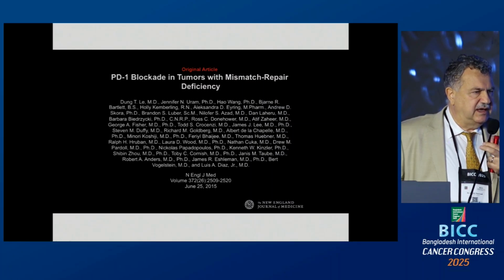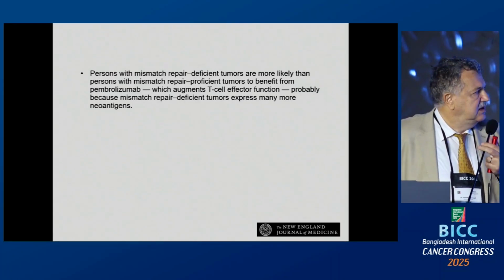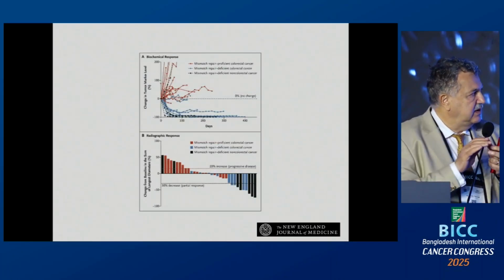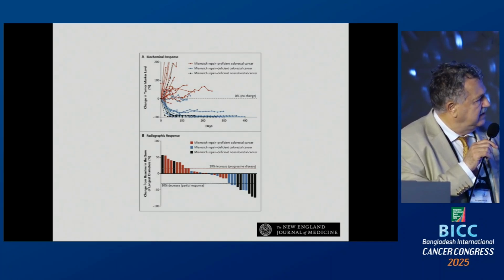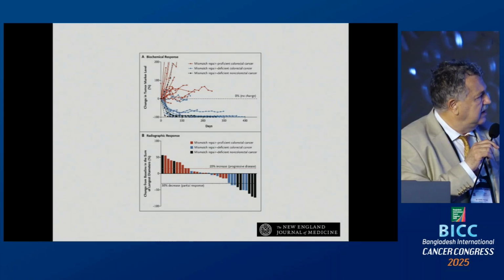This is the idea of this landmark article. And in this article, you see here pretty much everything red has no mismatch repair. Here we have 2 colors. The light blue are cases of colorectal cancer. The dark blue is other cancer.